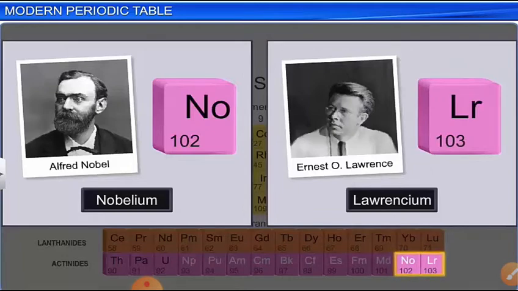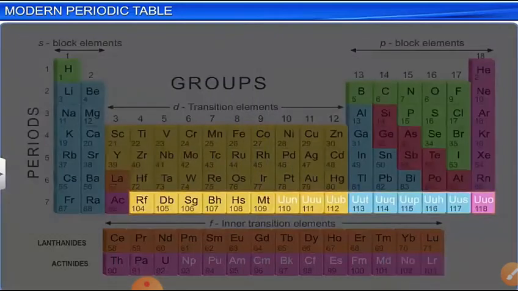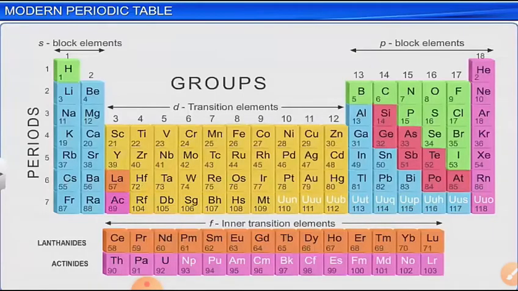So we have certain elements named based on the name of the scientist, or on the place or country, such as americium, californium, germanium. These are based on the name of the place. So the elements after 100 have a naming which is decided by a committee called IUPAC.